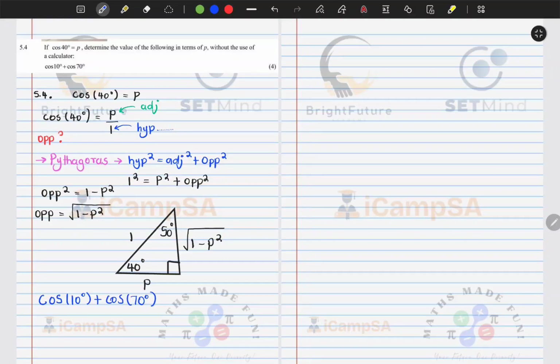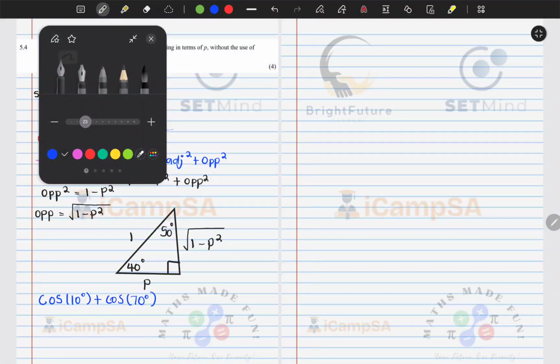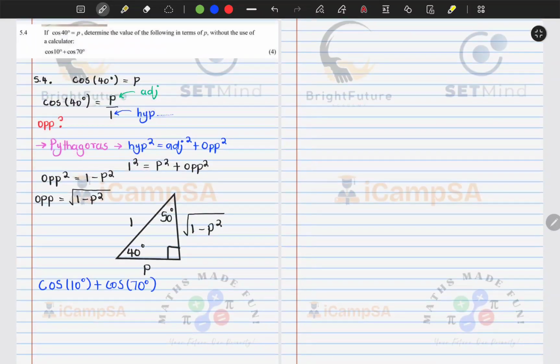We need to ask ourselves, using the angles that we have here plus our special angles, how can we deal with this? What I need you to remember is that whenever you're solving such questions, special angles are usually hidden somewhere here.